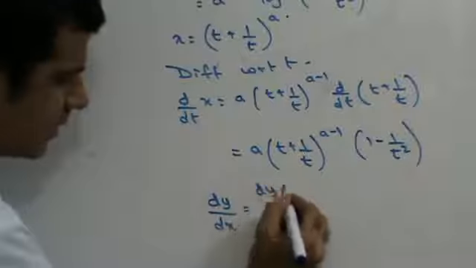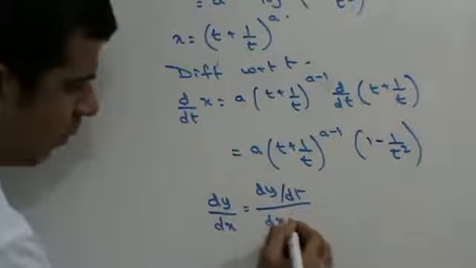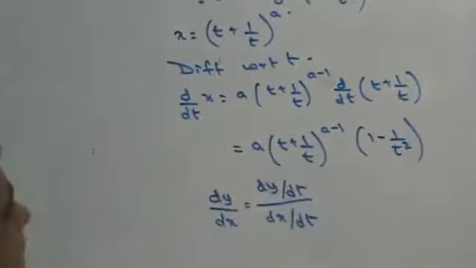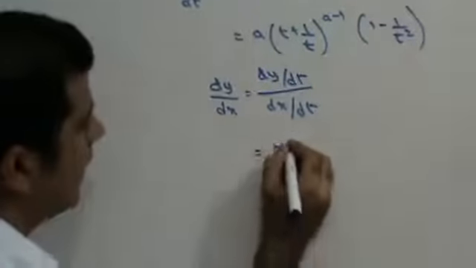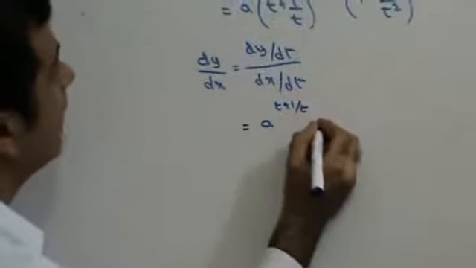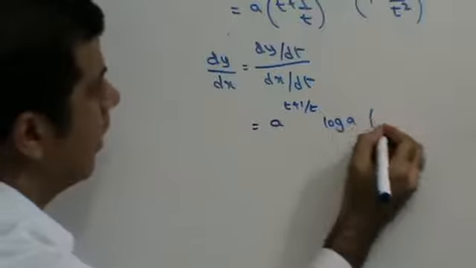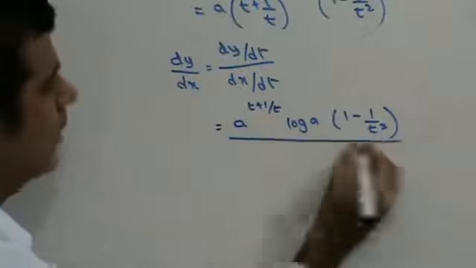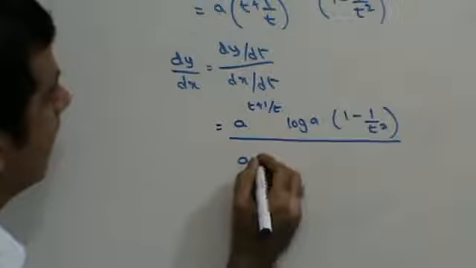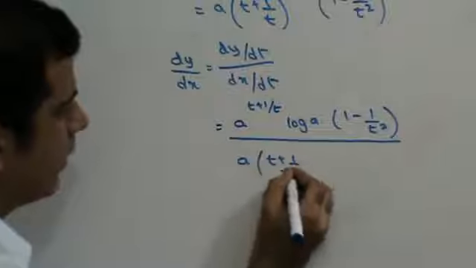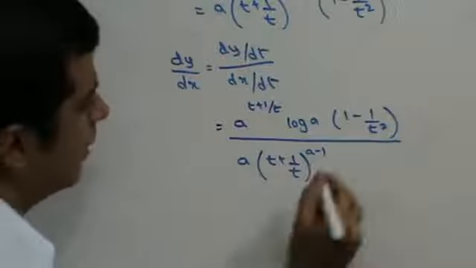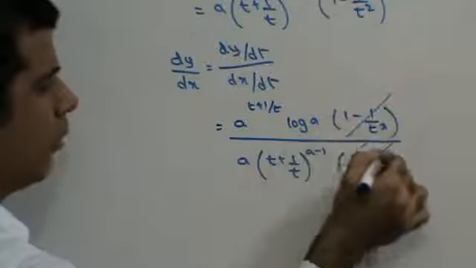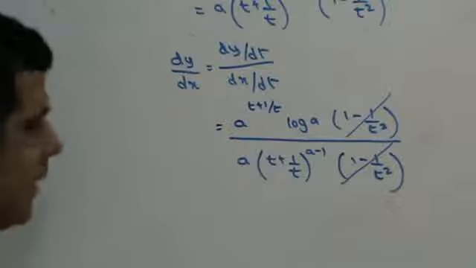dy by dx is nothing but dy by dt upon dx by dt. Now this can be written as dy by dt is nothing but a raised to (t plus 1 upon t) log a (1 minus 1 upon t square) upon dx by dt, a (t plus 1 upon t) the whole raised to a minus 1 into (1 minus 1 upon t square). 1 minus 1 upon t square in the numerator and denominator gets cancelled.